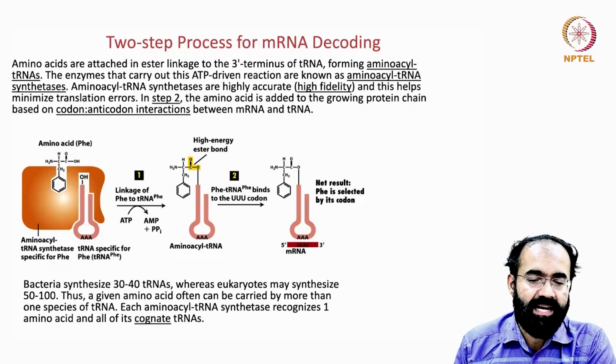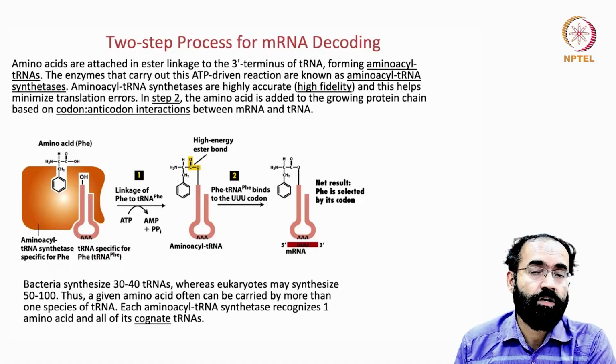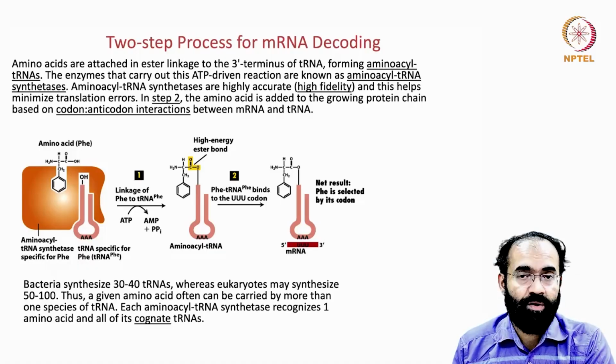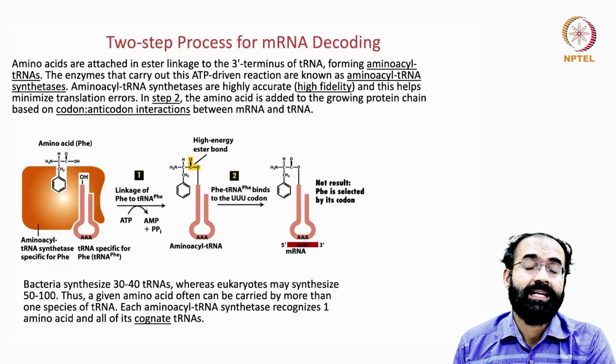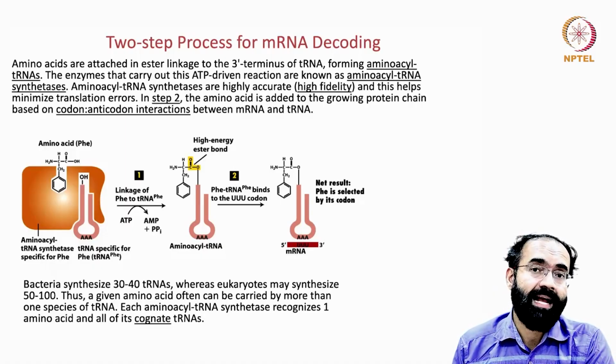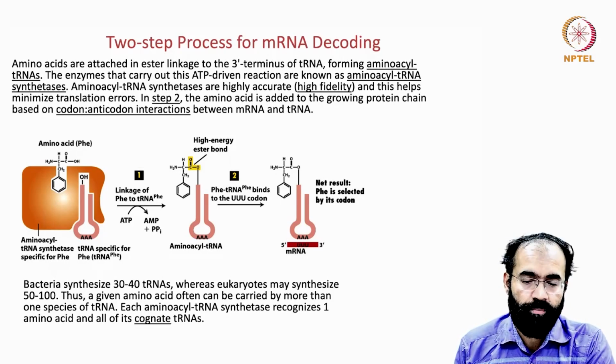Aminoacyl tRNA synthetases are highly accurate because they cannot randomly catch hold of some amino acid and add it on to a given tRNA. The amino acid must correspond with its anticodon, because each tRNA should have the correct anticodon sequence so that the amino acid will be delivered to the right codon of the mRNA during protein synthesis.